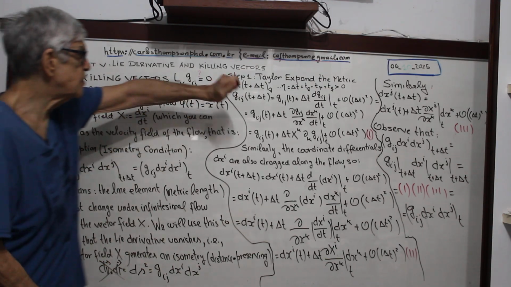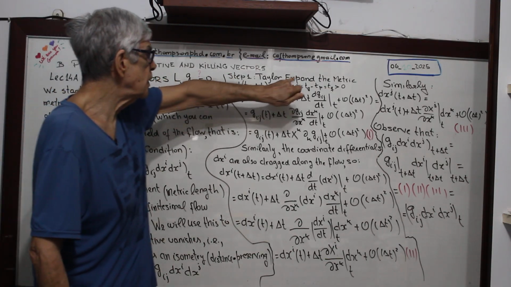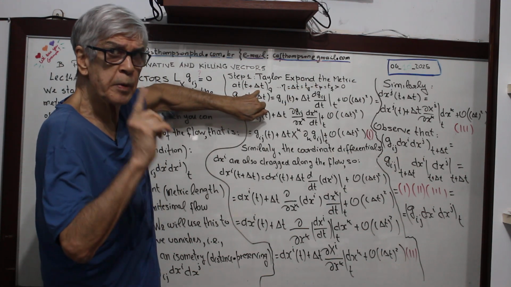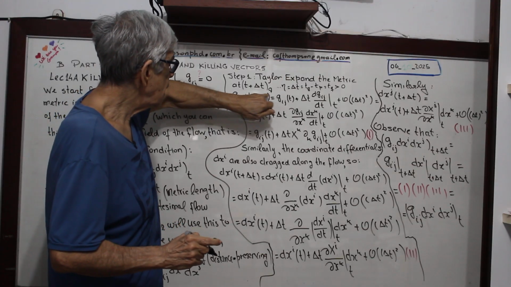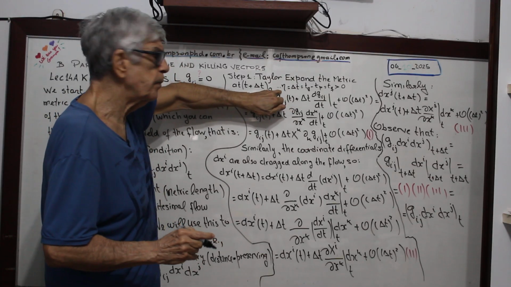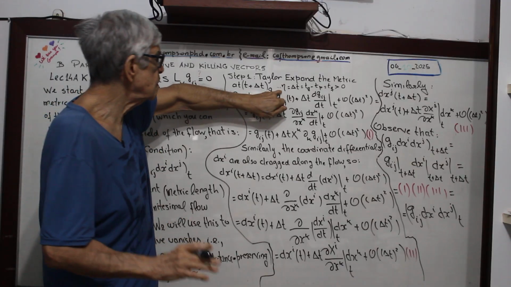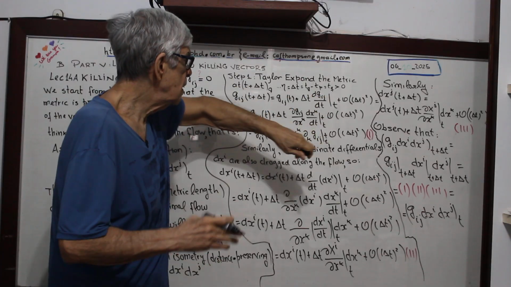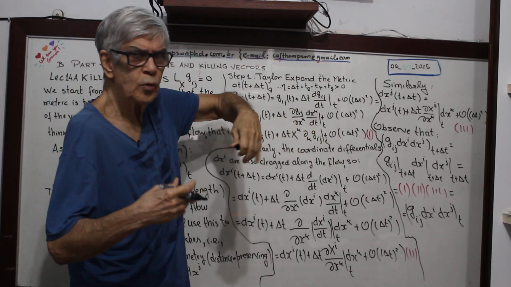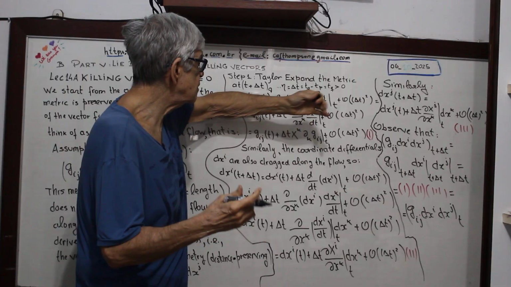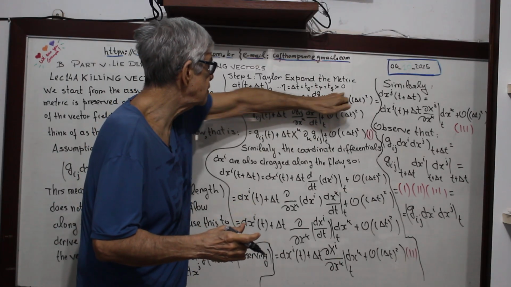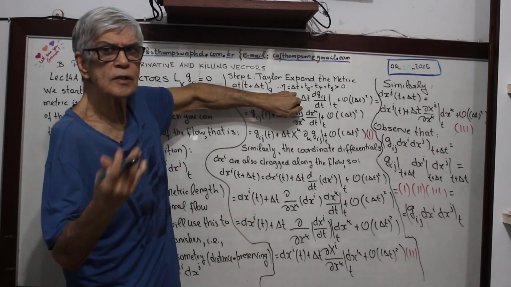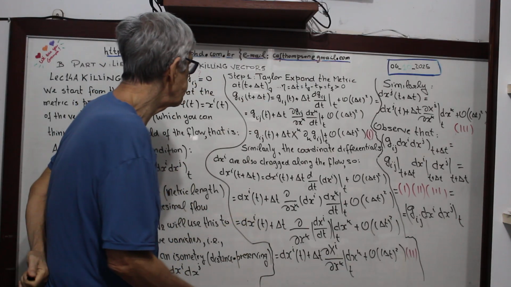So, step 1, Taylor expand the metric at t plus delta t. Remember, as we did before, delta t is eta, a small distance. This is t at q minus t at p. And then we assume that t at p is 0, so t at q is greater than 0, eta is greater than 0, obviously delta t is greater than 0.